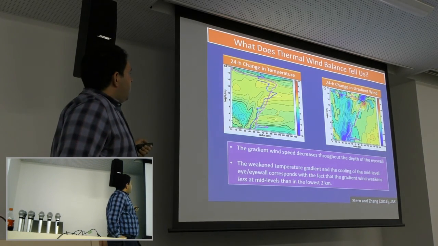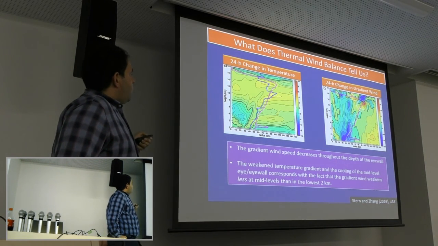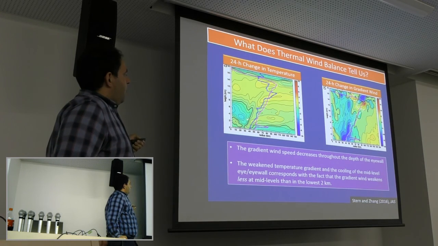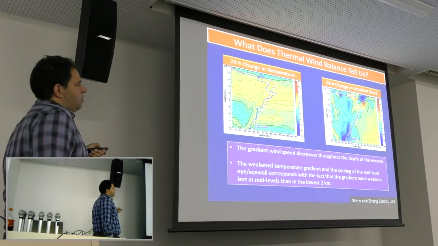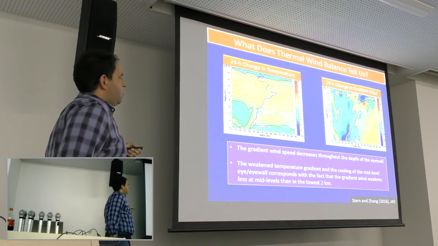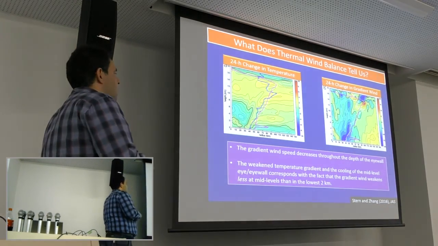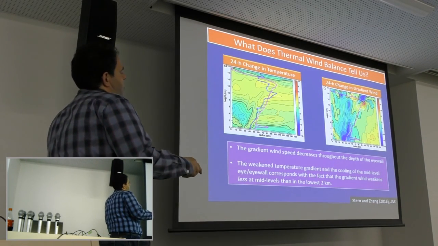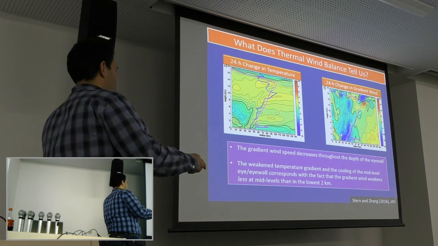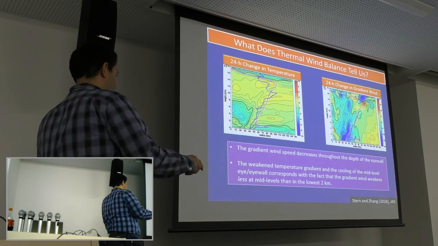So now if we look back again to the 24-hour change in temperature, and now what I'm showing you on the right is not the 24-hour change in the tangential wind, but the 24-hour change in the gradient wind. So over this period, when the storm is weakening, the gradient wind speed decreases generally through the depth of the eyewall.